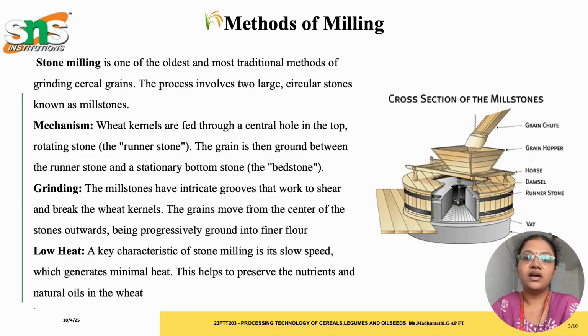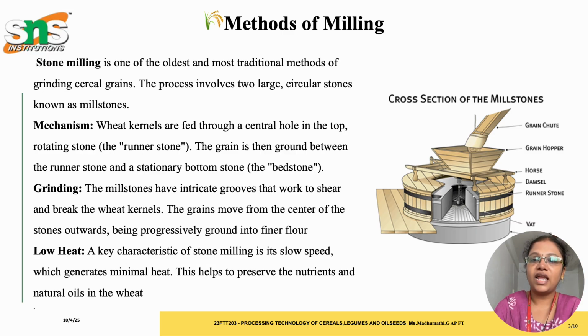Okay, so from the cross sectional view of the mill stones, we can find two large circular stones that we call the mill stones. On the center there is a top rotating screen where the kernels or the wheat are fed inside the running stone.